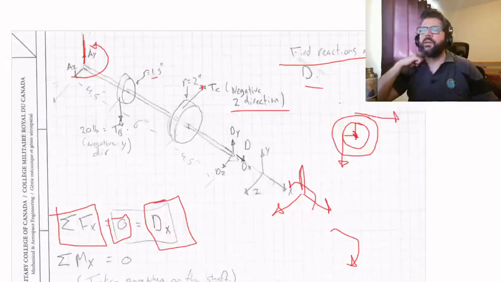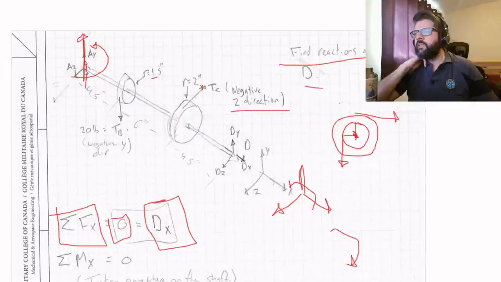So again, forces that are parallel to that, or forces that act through that point, don't cause any rotation about that axis at that point. So this one here, that doesn't do anything.